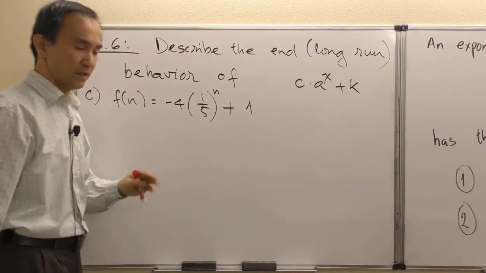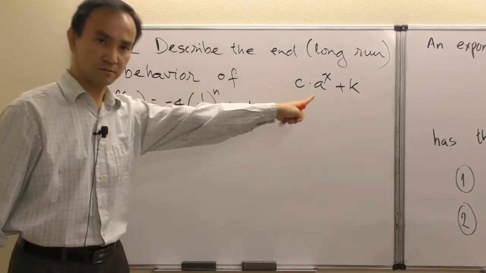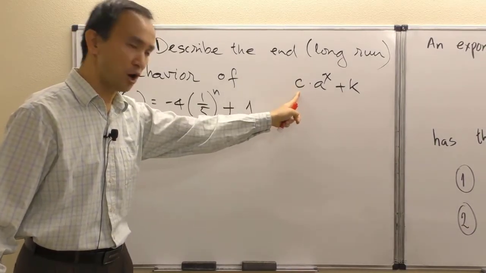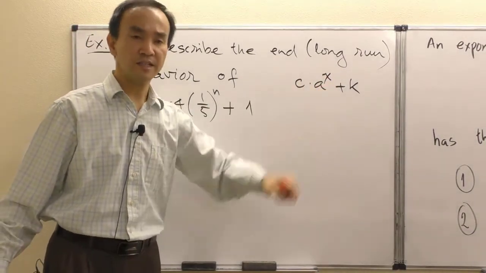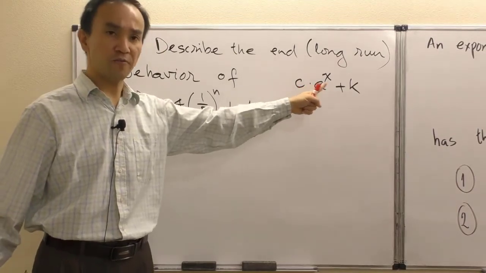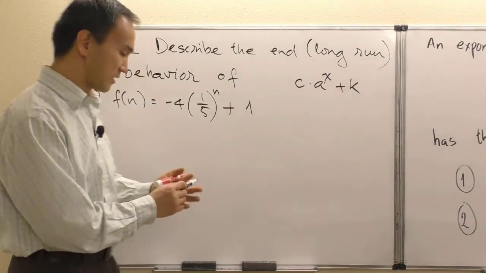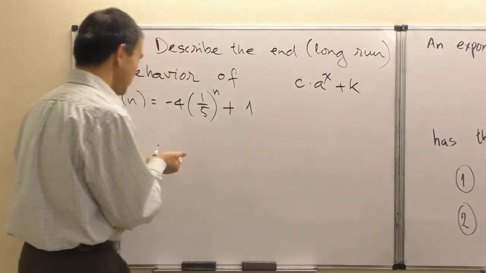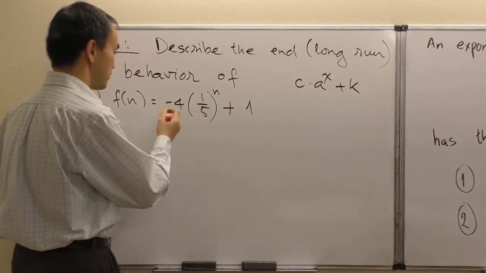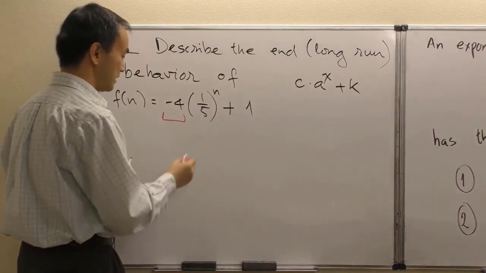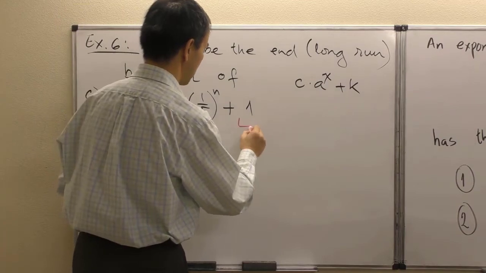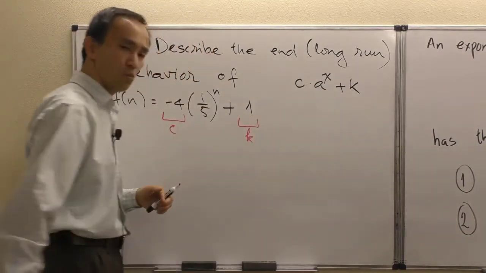And once again, clearly we're in that form right there, a coefficient multiplied with an exponential function plus a constant k. Just for you to know, this is our c right here, this is our constant k, plus 1 right there.